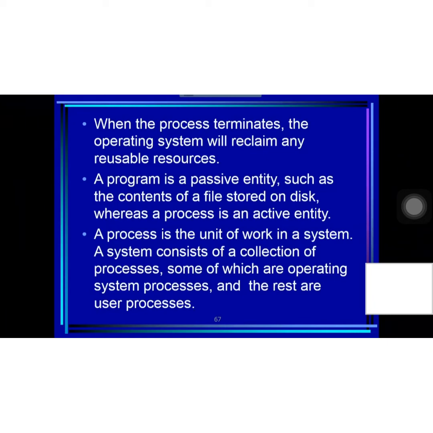A system consists of a collection of processes, some of which are operating system processes, and the rest of which are user processes. All these processes can potentially execute concurrently by multiplexing on a single CPU.